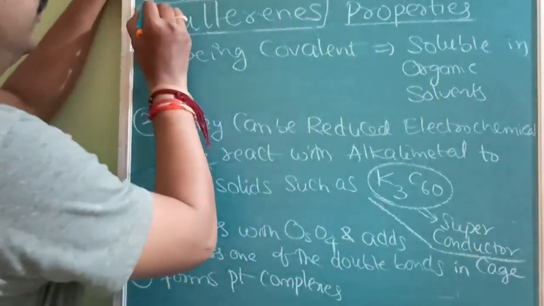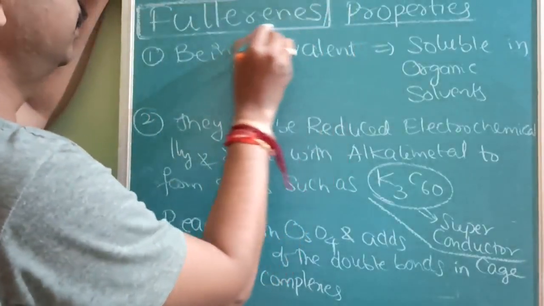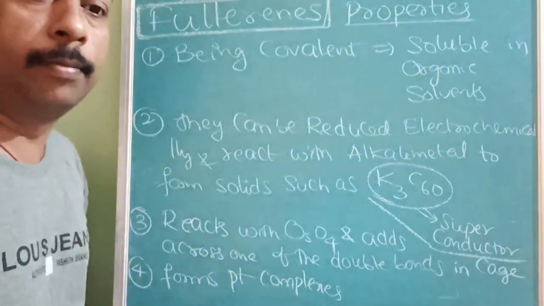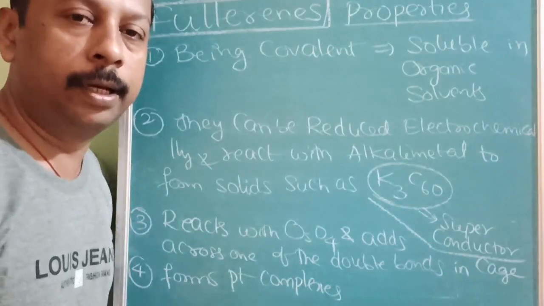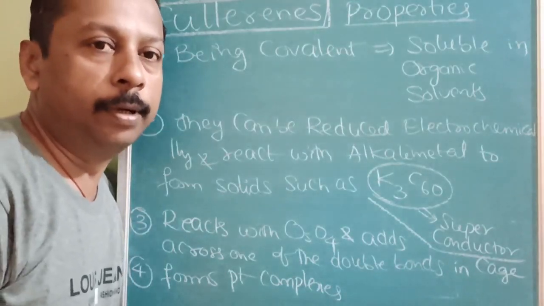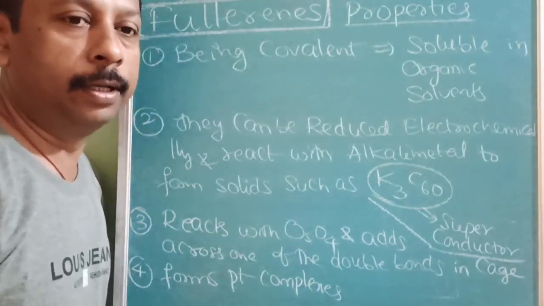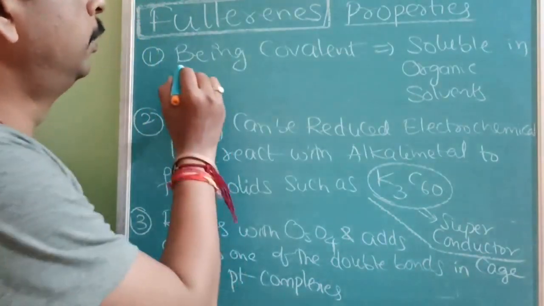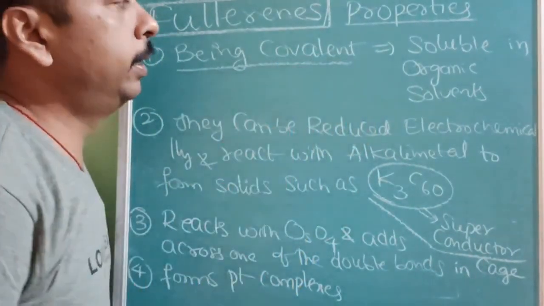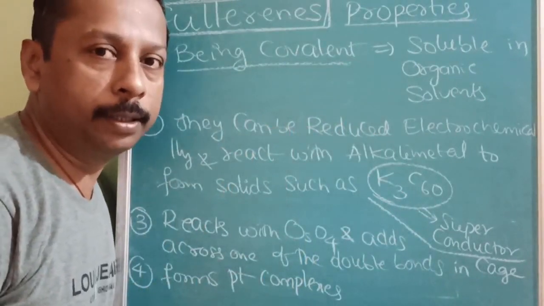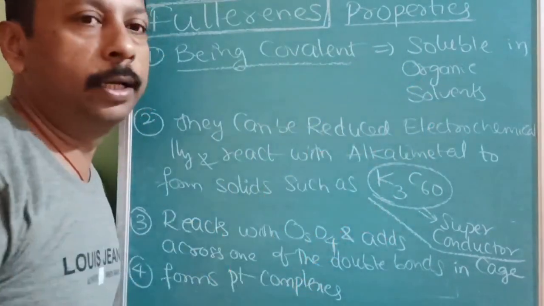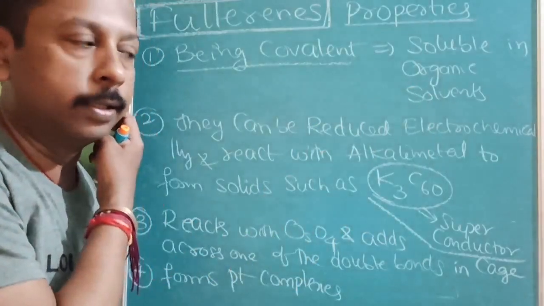Now we have studied the structural features. Mainly you should remember the number of rings: 12 five-membered rings and 26 six-membered rings. Next, properties. Already I told you this is covalent, unlike graphite and diamond. They are soluble in organic solvent and have different colors.